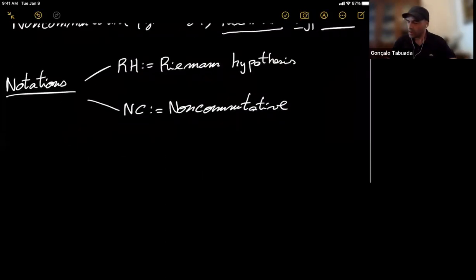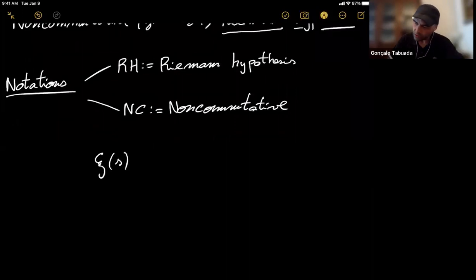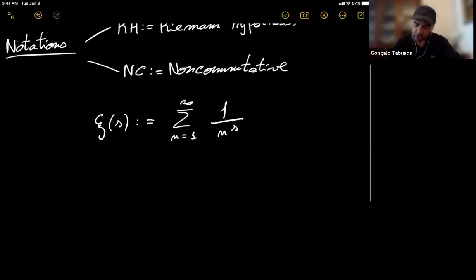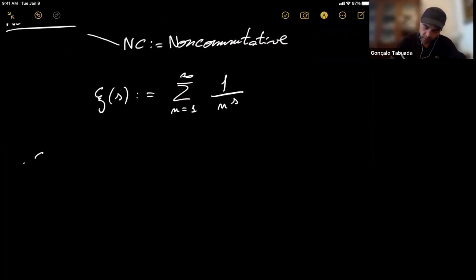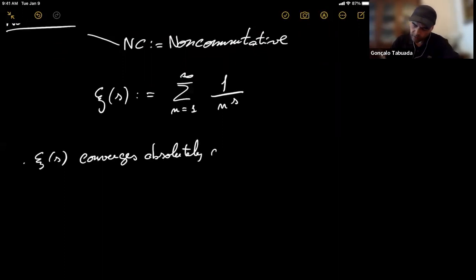I would like to start by explaining what I mean by Riemann hypothesis. Well, this is standard. We start with the Riemann zeta function, which is defined as the infinite sum from n equals 1 to infinity of 1 over n to the s, with s a complex variable. We know that it converges absolutely on the half plane where the real part of s is greater than 1.